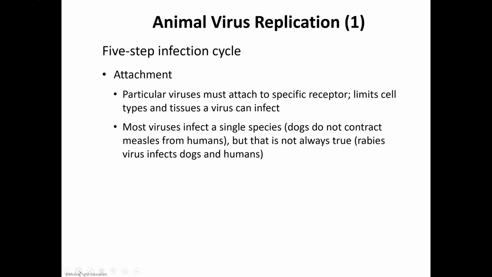Most viruses are very specific to species, which is why dogs don't contract certain human diseases. But that's not always true. For example, rabies is a virus that infects lots of different animals.